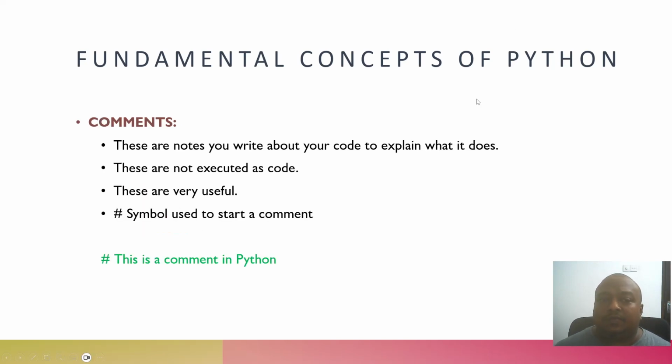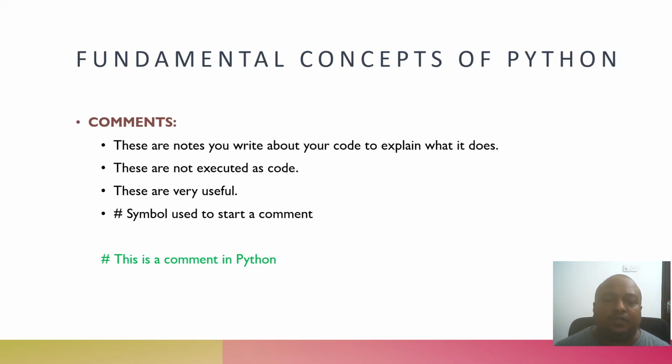Then we need to learn about comments. What are comments? These are notes that you write about your code to explain what it does. They are not executed as code. They are very useful. We use the hash symbol to start a comment.